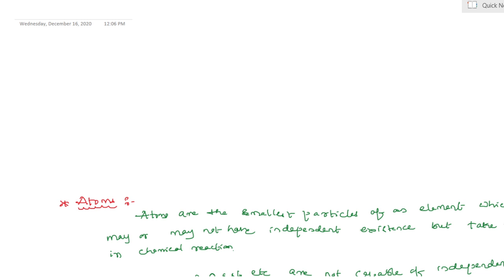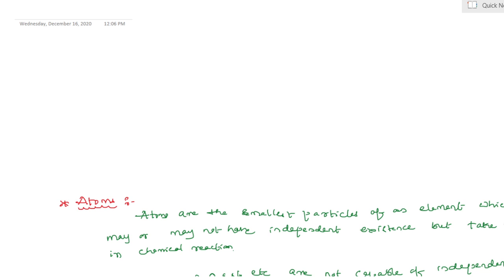The law states that mass can neither be created nor destroyed during a chemical reaction. It means that in any chemical reaction, the total mass of the reactants is equal to the total mass of the products, and there is no change in mass during the chemical reaction.